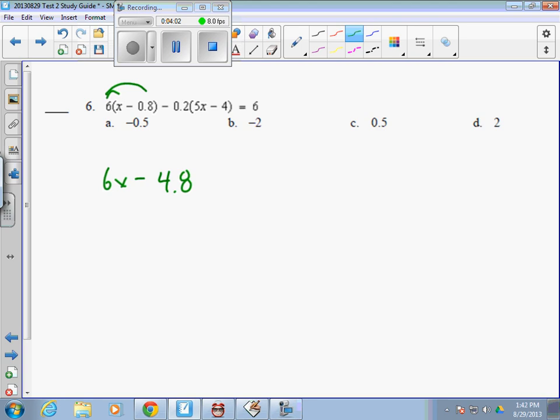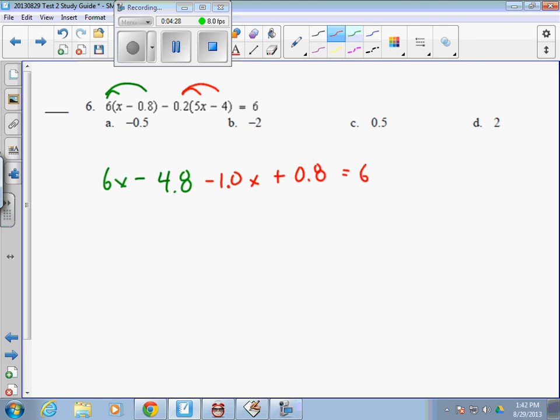Negative 0.2 times 5x, we distribute the same thing. 2 times 5 is negative 10x, but we move that decimal over 1 time, so it becomes negative 1x. Do the same thing with negative 0.2 times negative 4. A negative times a negative is a positive. 4 times 2 is 8, but we move the decimal over 1 time.